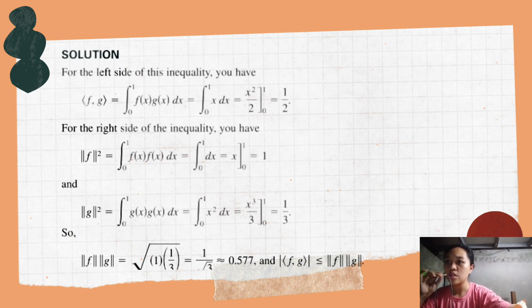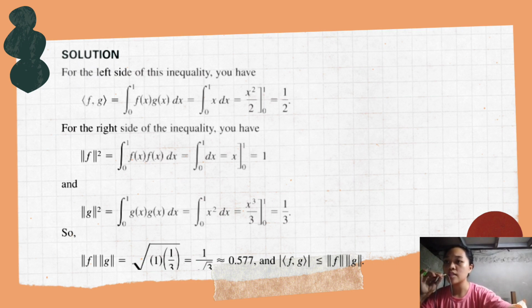By substituting the values of f(x) and g(x), we get the integral from 0 to 1 of x dx, and by evaluating, we get x squared over 2 from 0 to 1, which gives 1 over 2.